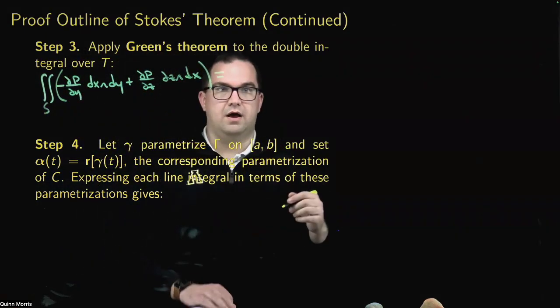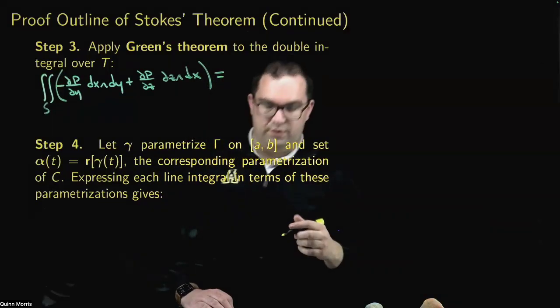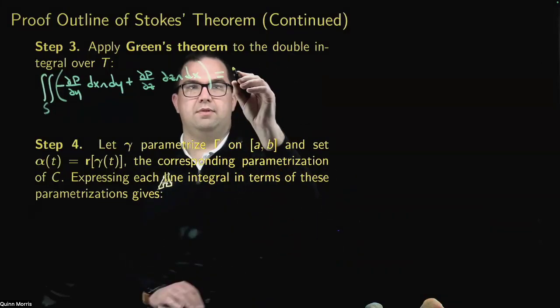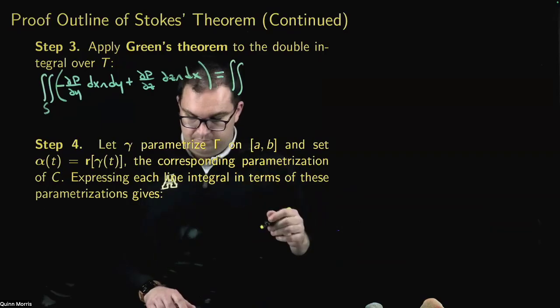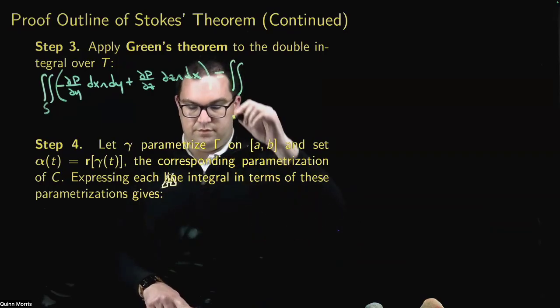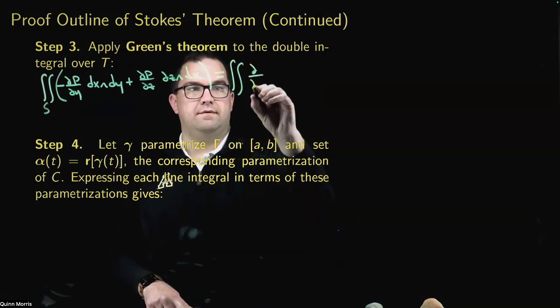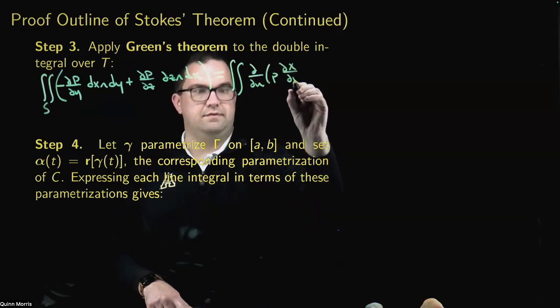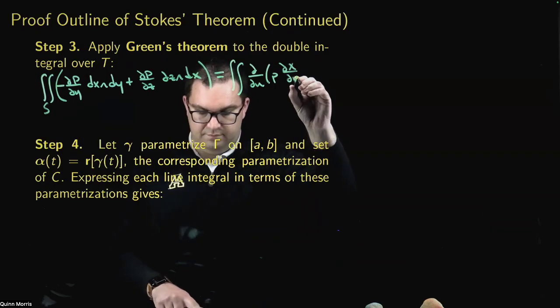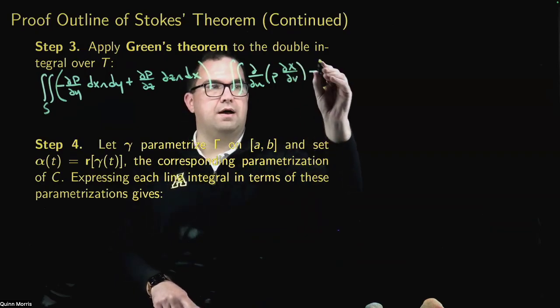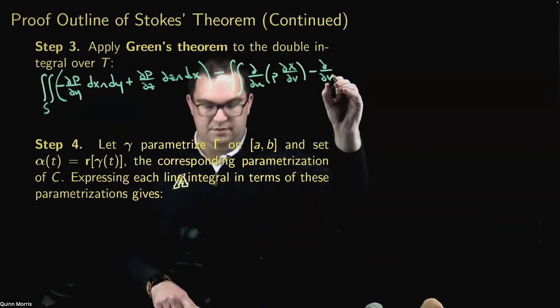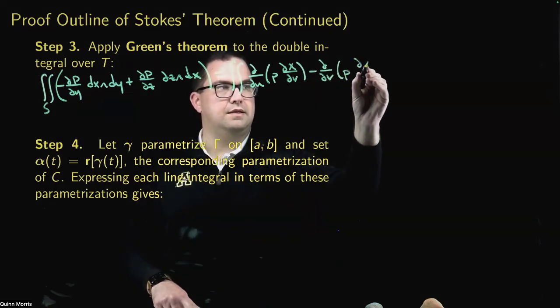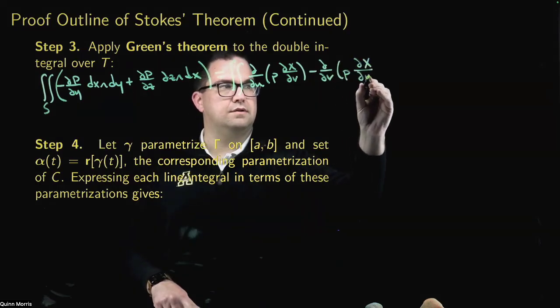So far, we've shown that that is equivalent to the double integral of d/du of p dx/dv minus d/dv of p dx/du.